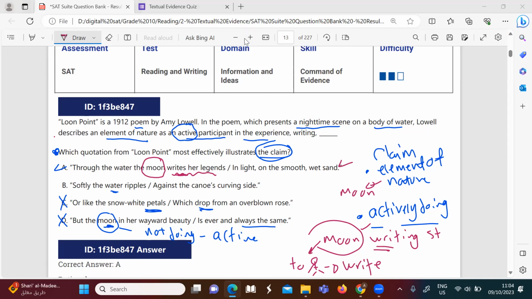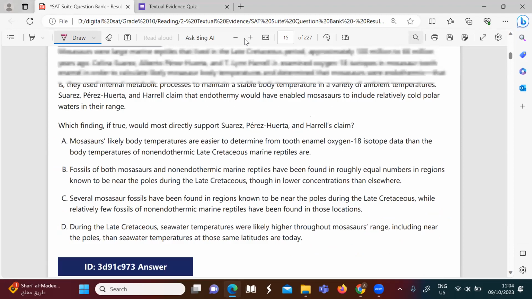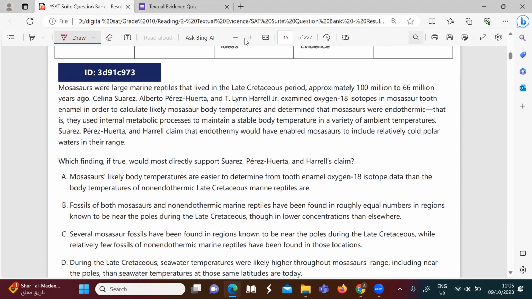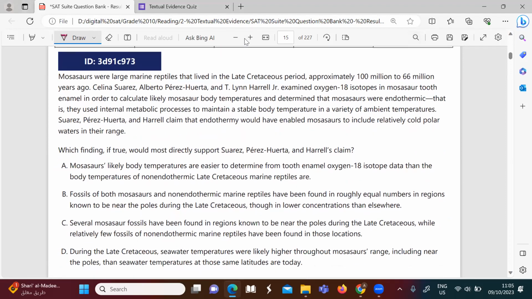Let's move to the next question. Which finding, if true, would support their claim? Those scientists' claim. So we need to get the claim at the very beginning. What is the claim?